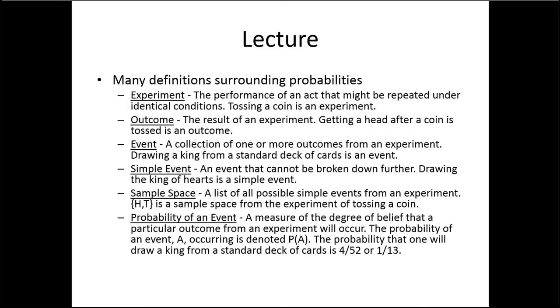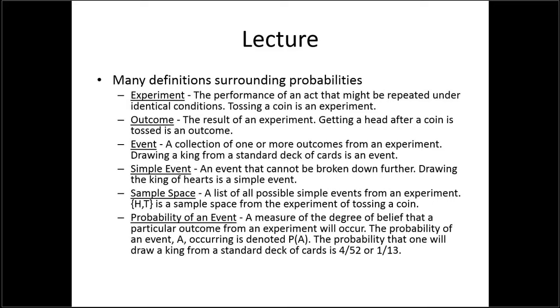If you collect one or more outcomes, that could be an event. A simple event is one that absolutely cannot be broken down any further. An event could be drawing a heart from a deck of cards. A simple event would be drawing the ace of hearts from the deck, because that cannot be broken down any further. There's only one ace of hearts per deck.